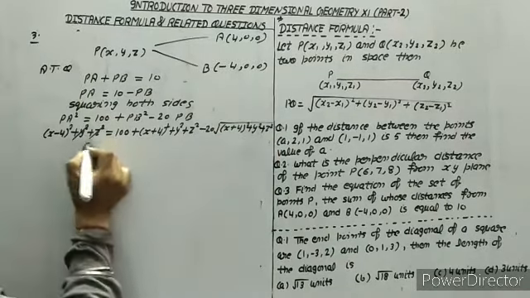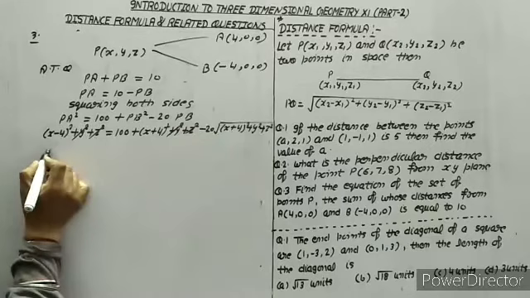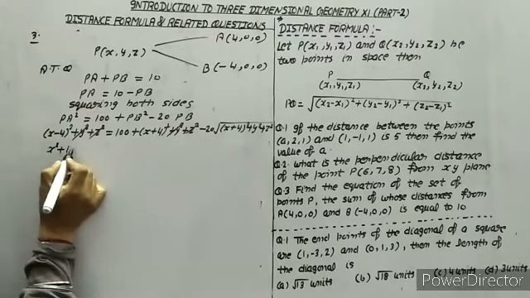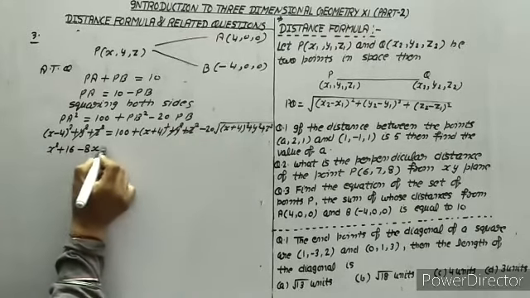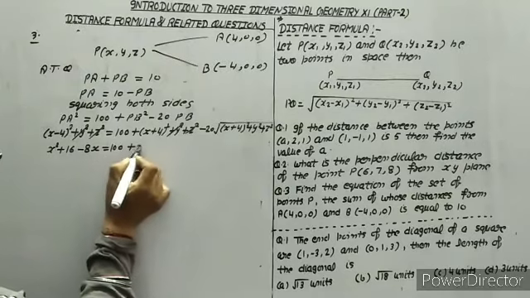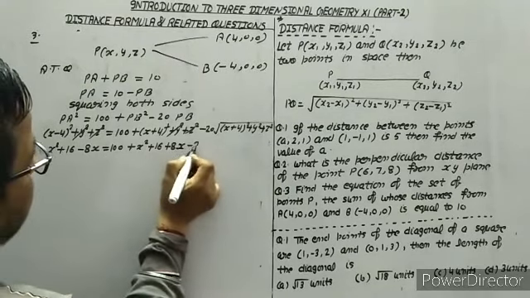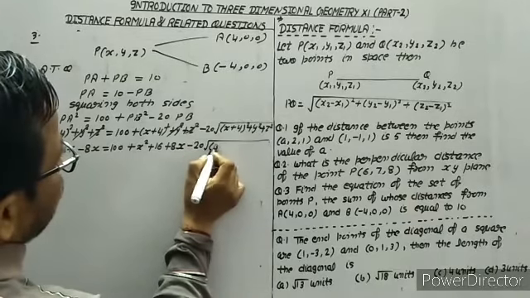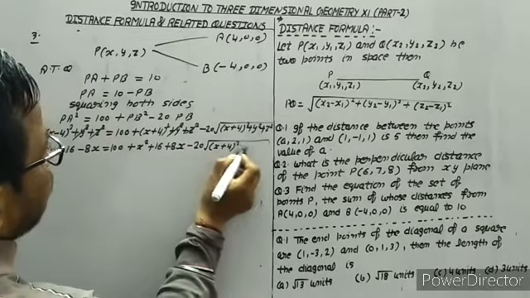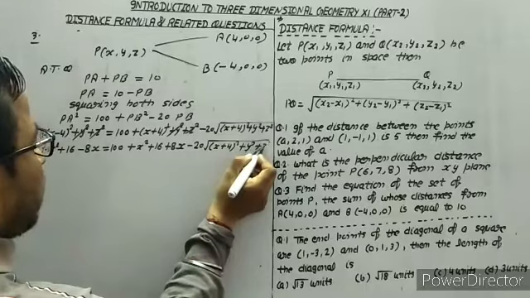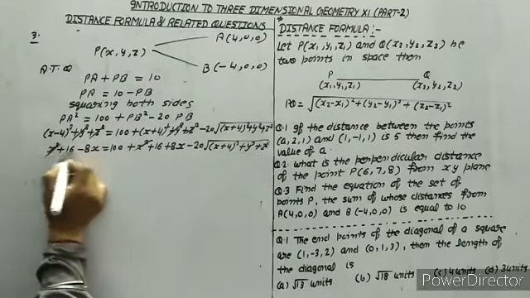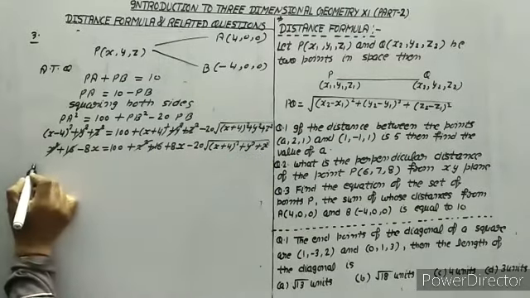Now y square and z square cancel out. This is x square plus 16 minus 8x equal to 100 plus x square plus 16 plus 8x minus 20 under root (x plus 4) whole square plus y square plus z square. Now x square cancels out, 16 cancels out.